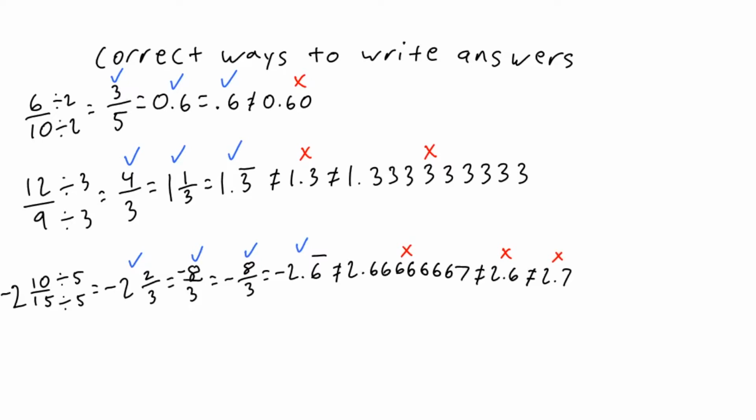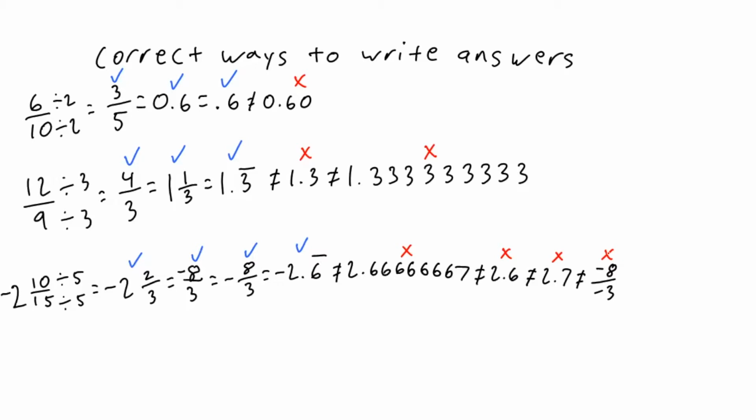And then going back to the fraction thing, where the negative goes. You also cannot write it as -8 over -3. That would not be correct because you've got two negatives instead of just one. Even though this negative goes to the whole thing, it only goes to one of the numbers.